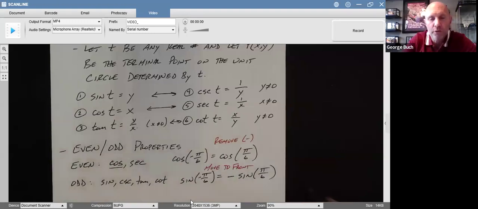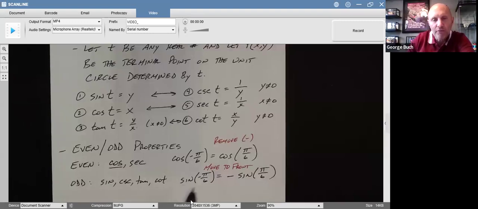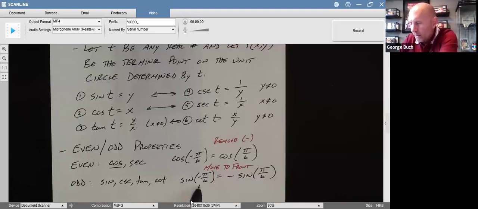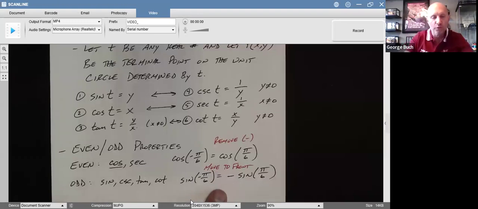And you can go look at the unit circle and see all those. Cosine of negative pi over 6 is positive root 3 over 2. Cosine of pi over 6 is also positive root 3 over 2. But sine of negative pi over 6 is negative 1/2, and sine of pi over 6 is 1/2. So if I put a negative in front, it's negative 1/2. That works for all of those values.